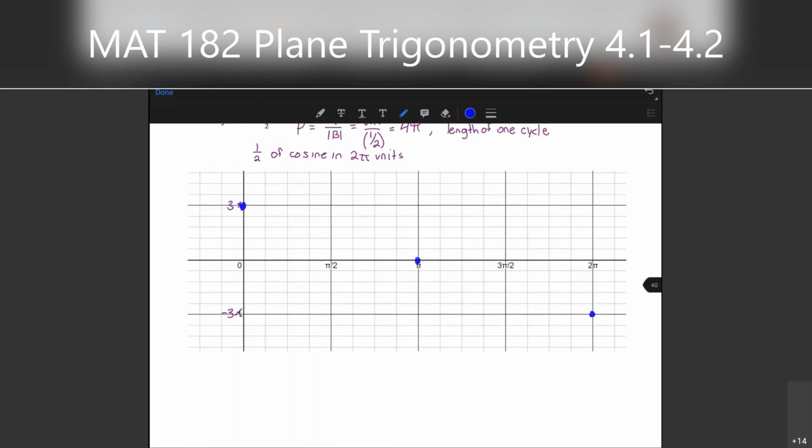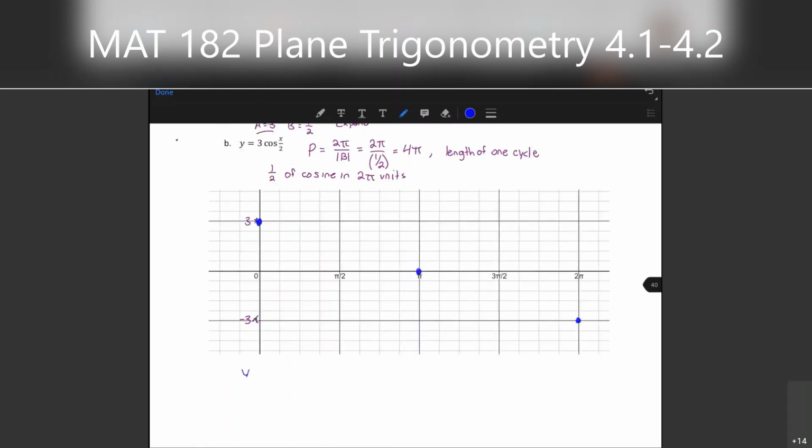And just to confirm these, y is equal to 3 cosine of pi over 2 when x is equal to pi. Notice that cosine of pi over 2 is 0, so this would be 3 times 0, or 0. That's where we get our second point.